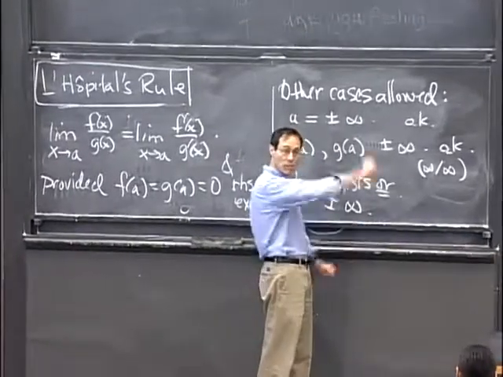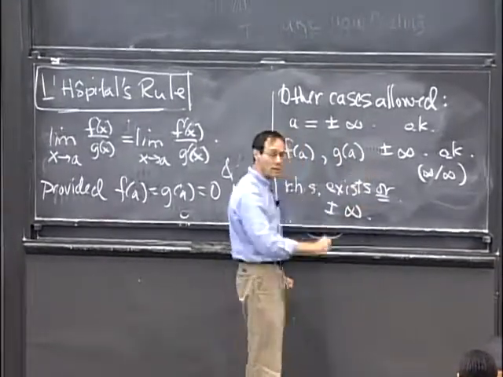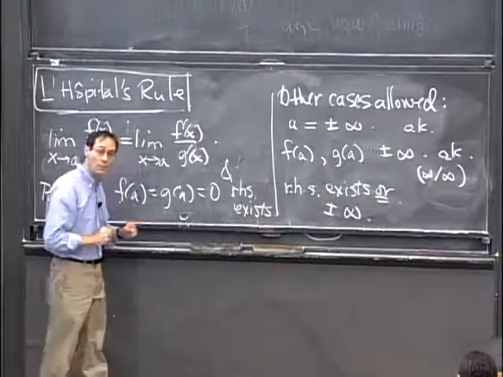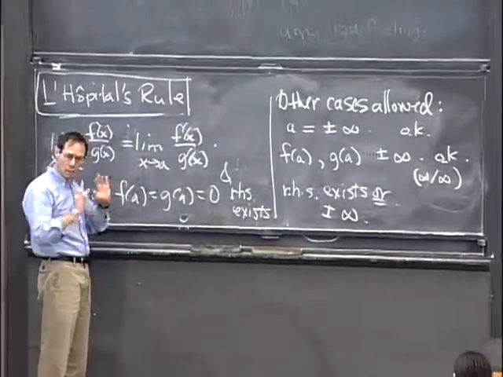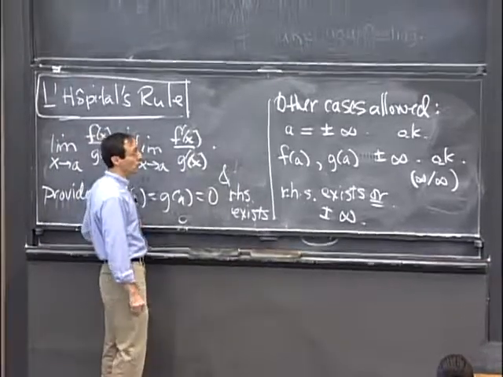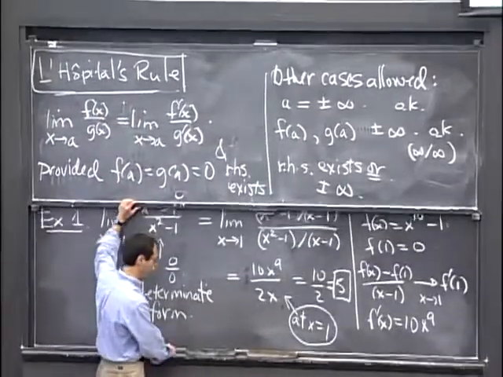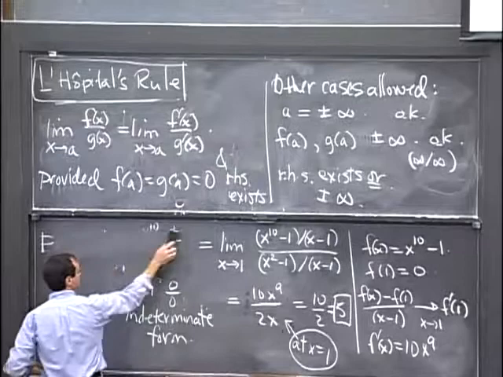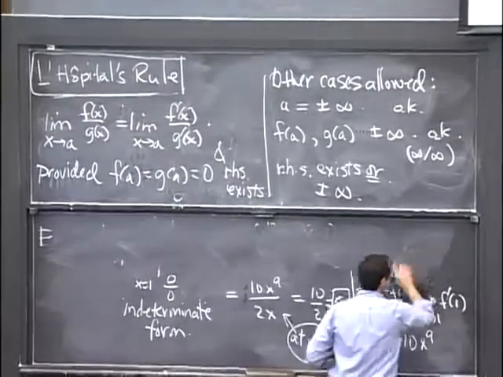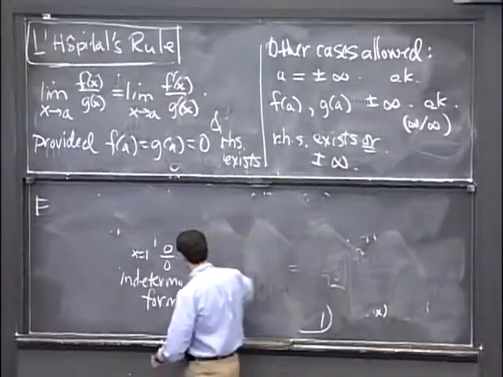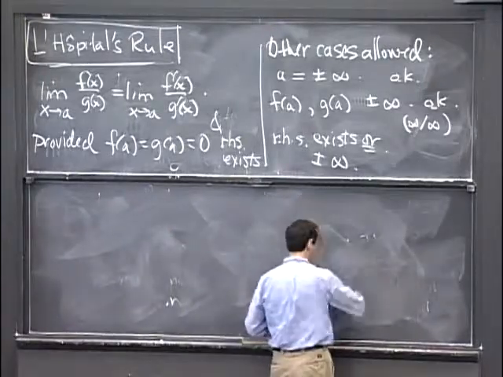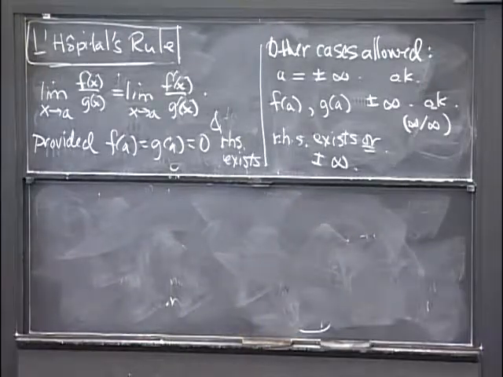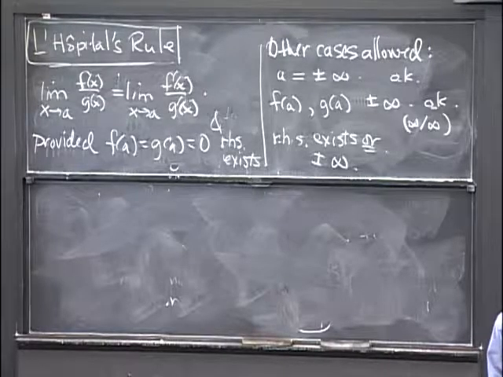If it goes to plus infinity, if it goes to 0, if it goes to a finite number, if it goes to minus infinity, all of that will be okay. It's just if it oscillates wildly that we'll be lost. And those calculations we'll never encounter. So this basically handles everything that you could possibly hope for. And it's a very convenient process.